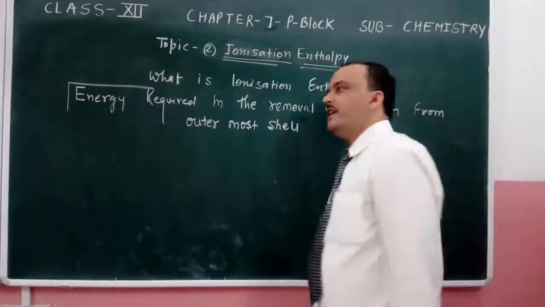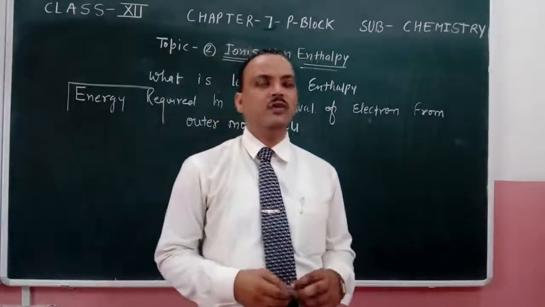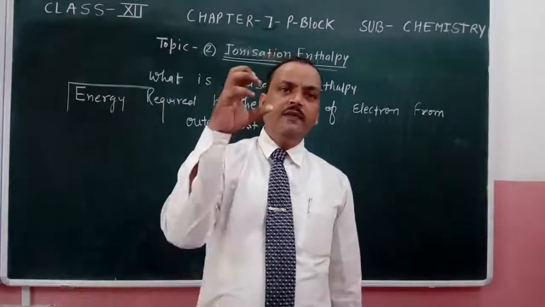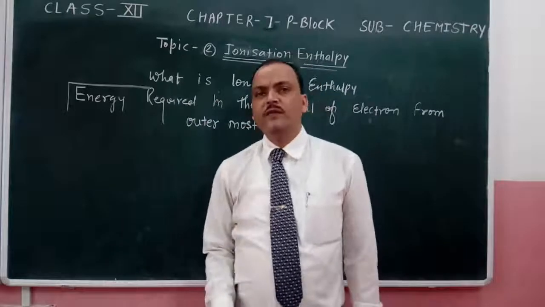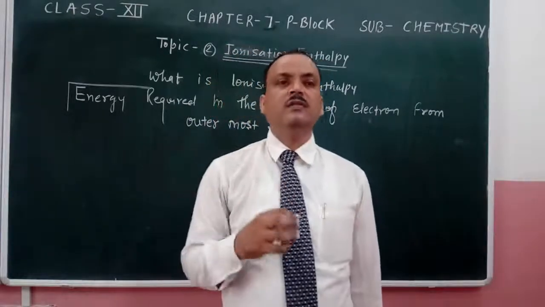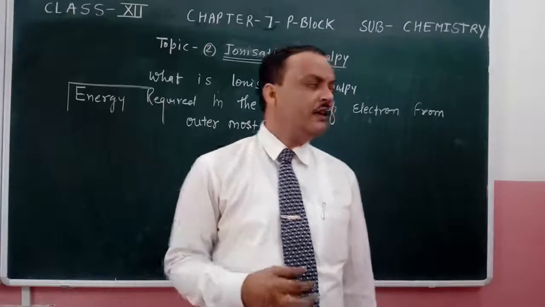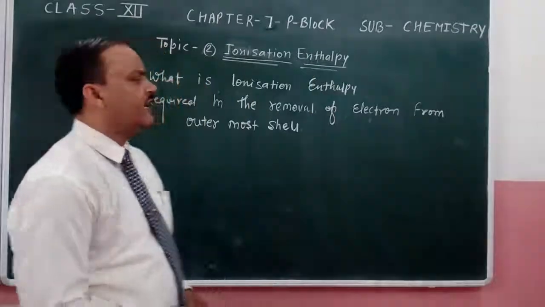In any element where the electron is present in its outermost shell, if we want to remove the electron from its outermost shell, the value of the energy which we require is known as ionization enthalpy.